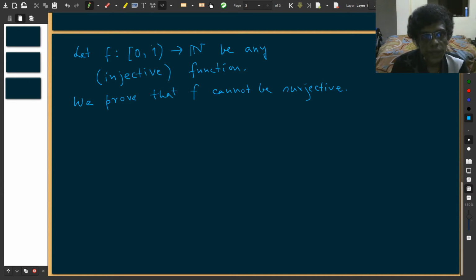Which will show that this set has size strictly larger than the size of this set, which is the countable infinity, aleph naught. Okay, sorry, made a mistake. It should be just the other way around.